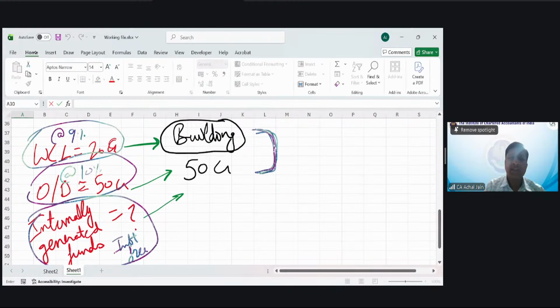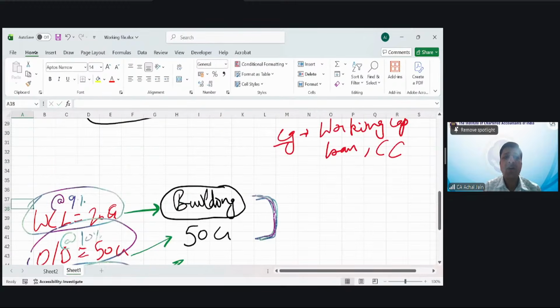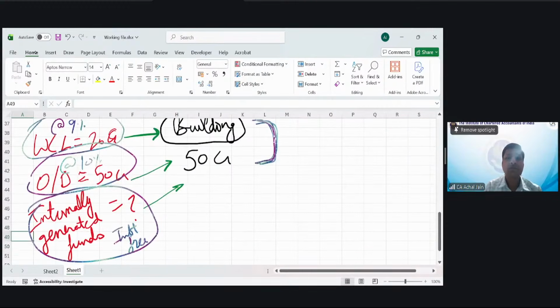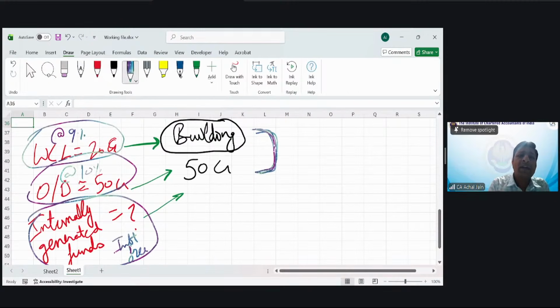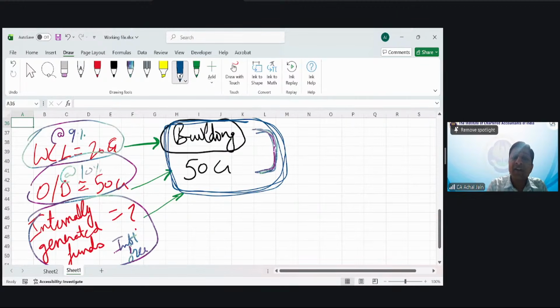There's no doubt that the amount that will be spent on the project is going to be 50 crore. So this part is clear. But on this 50 crore, the question arises what rate you apply. 9%, 10%, 0%. How do you know? You don't know. So for working out that interest, you need a capitalization rate.